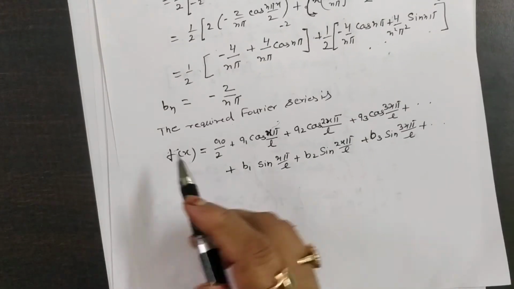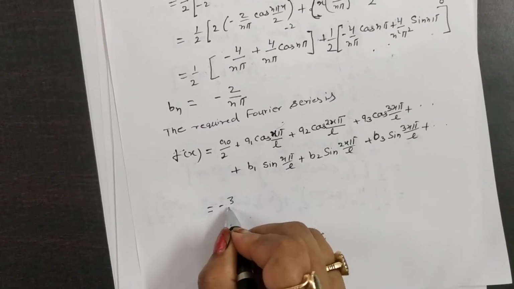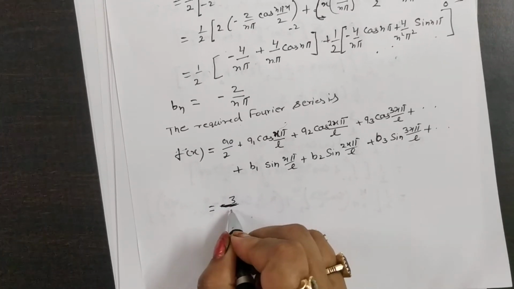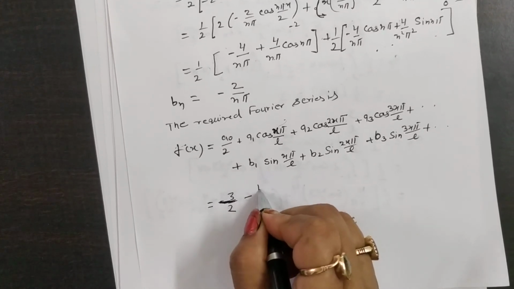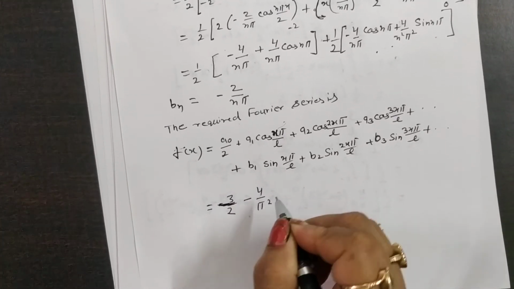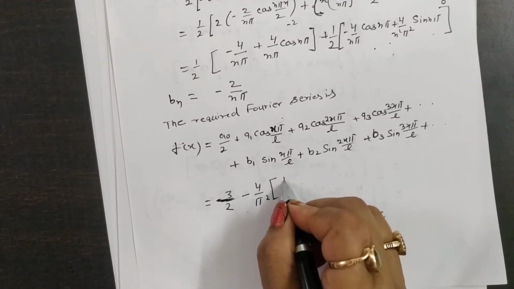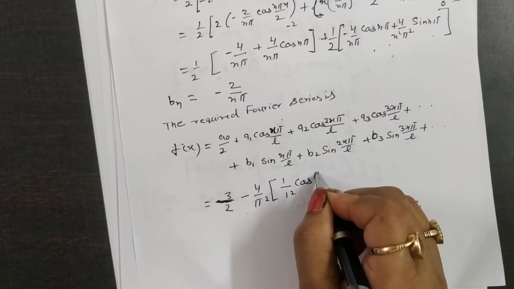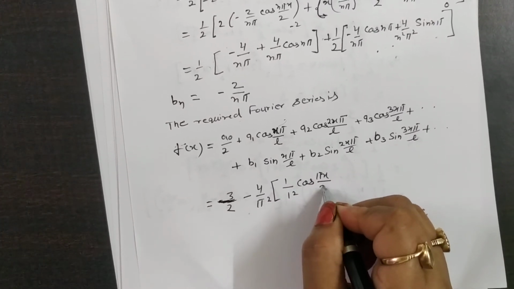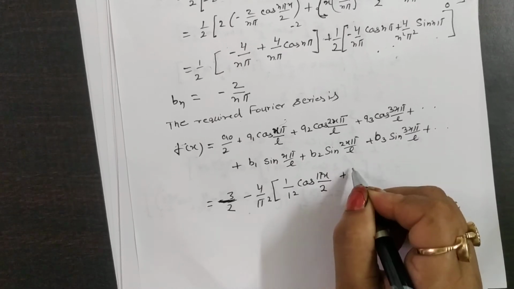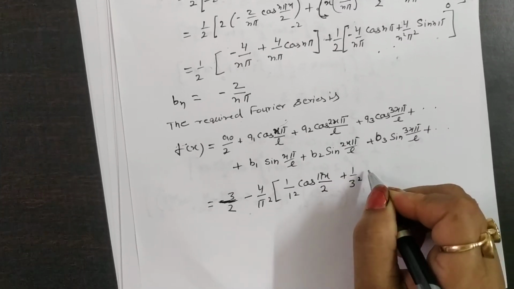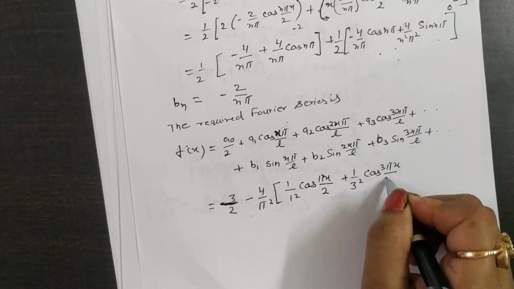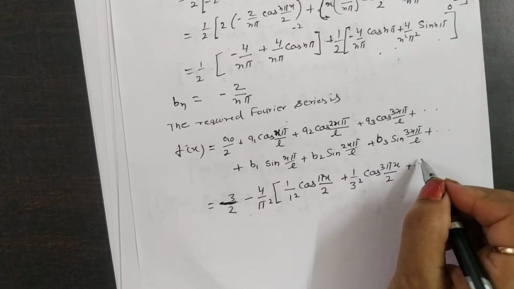So this is equal to plus 3 by 2 minus 4 by pi square, times 1 by 1 square cos pi x by 2, plus 1 by 3 square cos 3 pi x by 2, and so on.